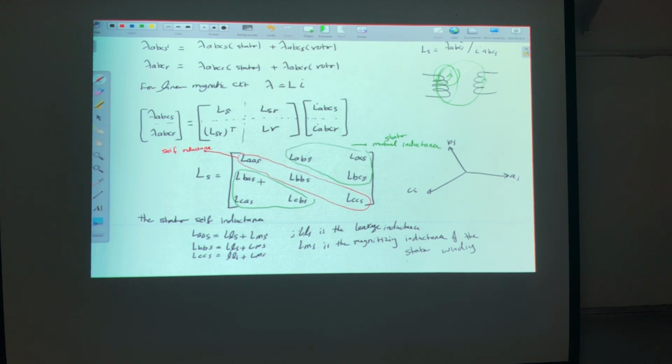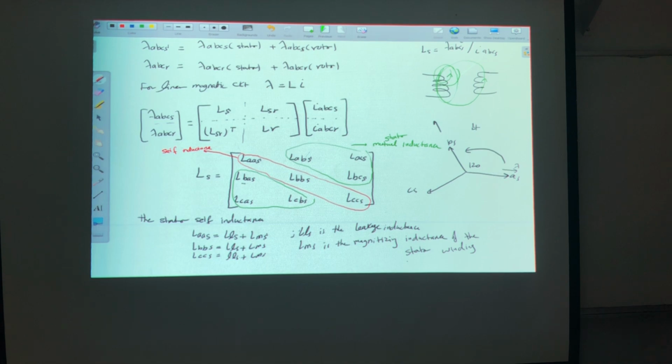LBAS is what? A current flows where? If a current flows here, this will project a lambda here. Where will I see it? In B. So I will see it here, so I need to project it. The angle between A and B is what? 120 degrees.